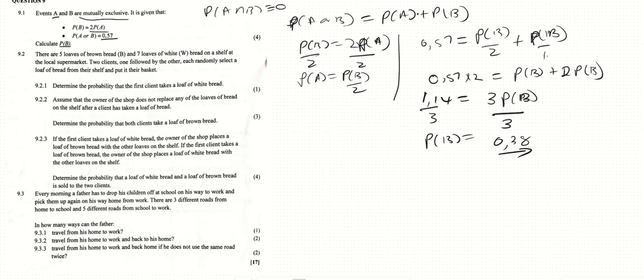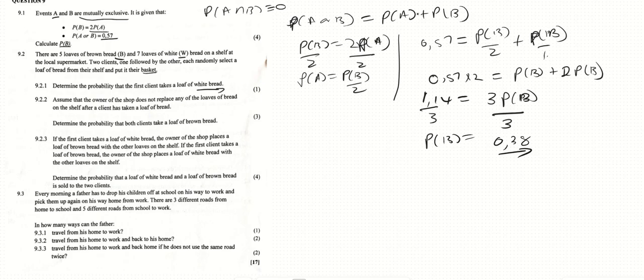Now let's look at 9.2. There are 5 loaves of brown bread, 7 loaves of white bread, with brown represented by B and white by W, on the shelf at a local supermarket. Two clients, one followed by the other, each randomly select a loaf of bread from the shelf and put it in their basket. 9.2.1: determine the probability that the first client will take out a loaf of white bread.